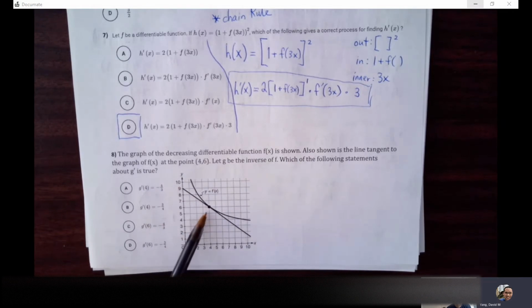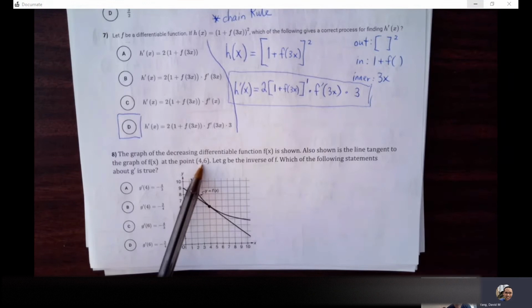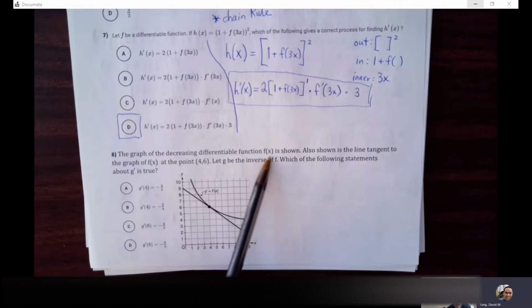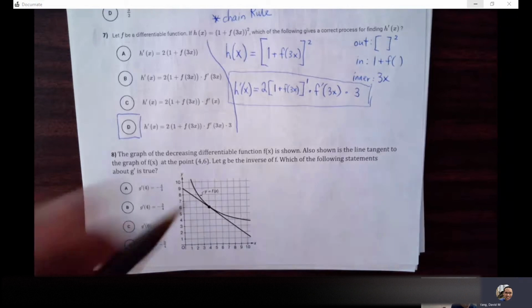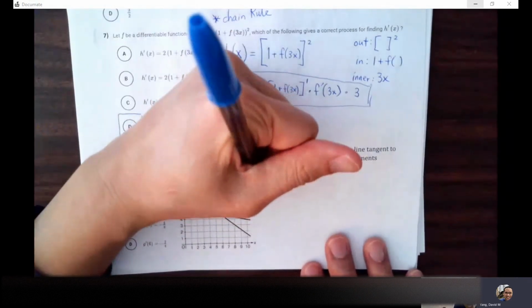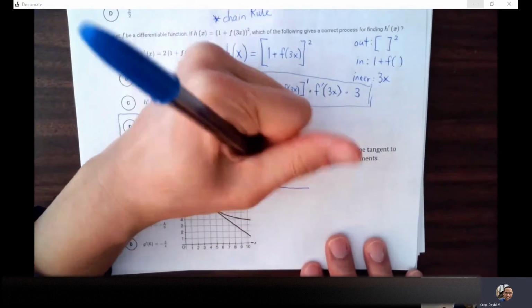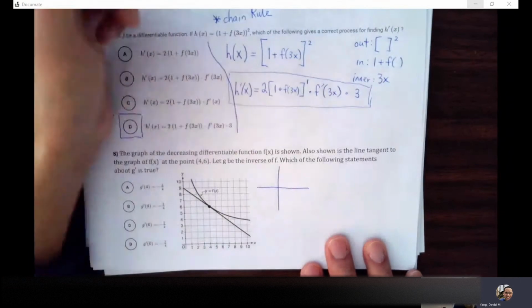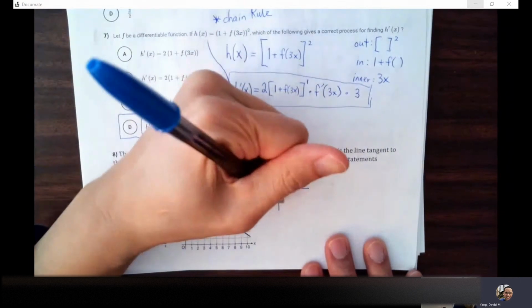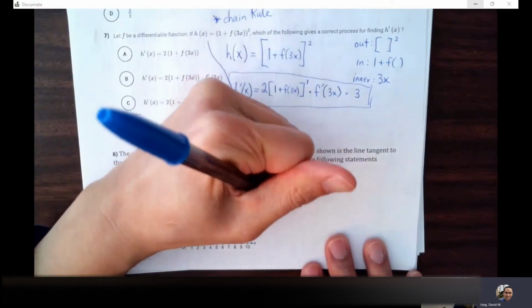Okay. So we know that our ordered pair is at (4, 6), but we're trying to find g prime of a value. So this is the chart that I like to go through here. My ultimate goal is to find g prime of a value.